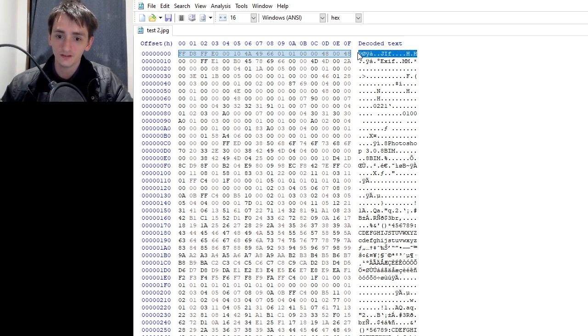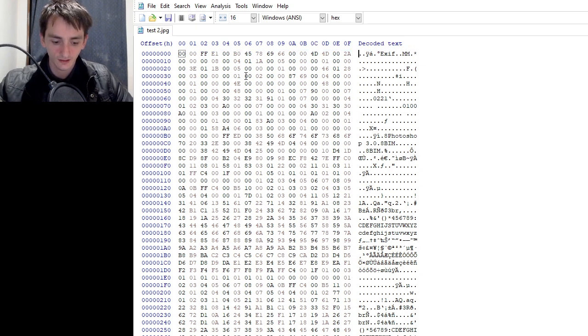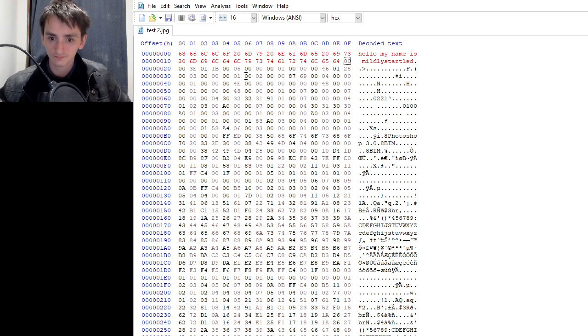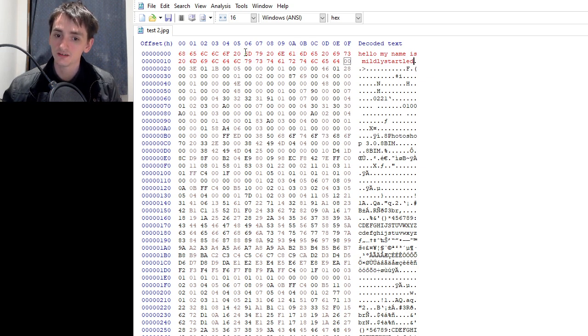So I want to change this. I'm going to put the word in ASCII: Hello, my name is mildly startled. That could just be a normal text file, and you can see that it is now being presented in HEX, when in reality I'm just writing new bytes to the machine.